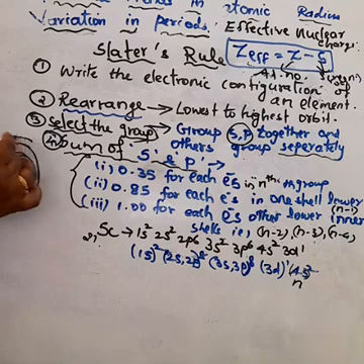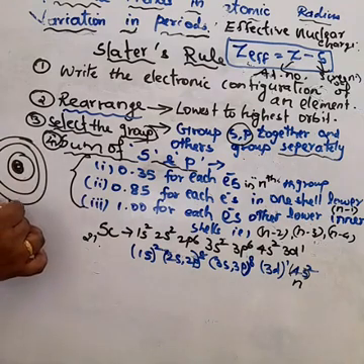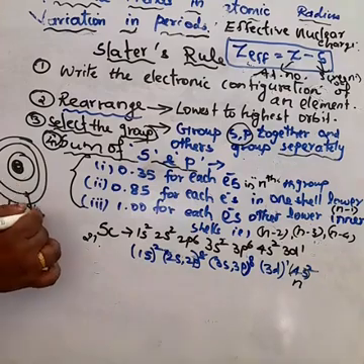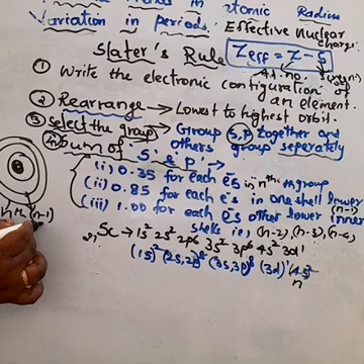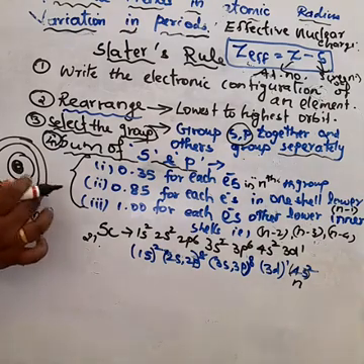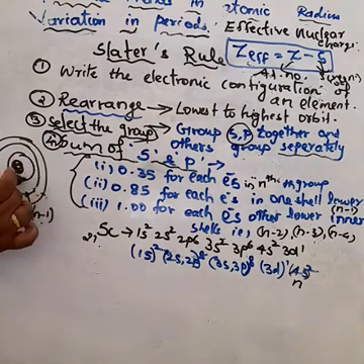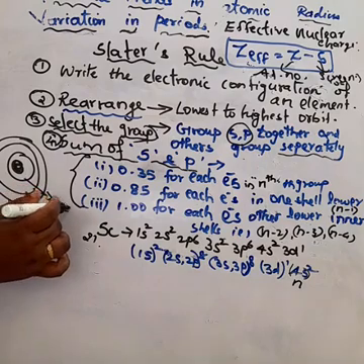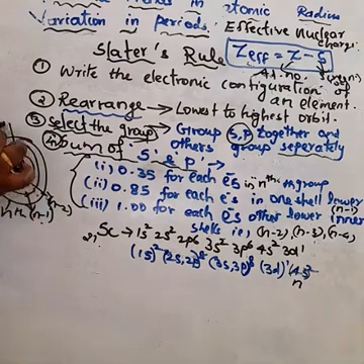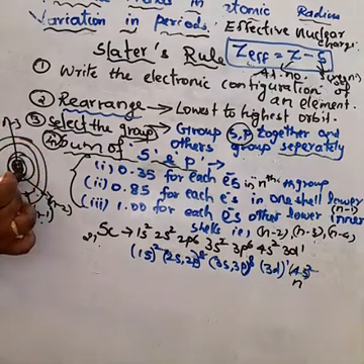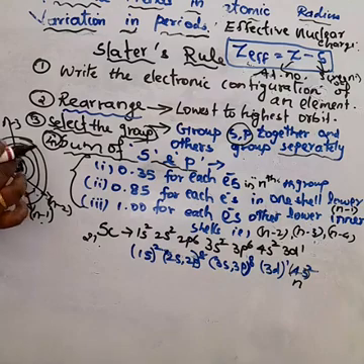Before the outermost shell is the penultimate shell, that we call the n-1 orbital. Before the n-1 orbital, the inner shell is n-2. And before the n-2 orbital is the n-3 orbital. These are the inner shells.